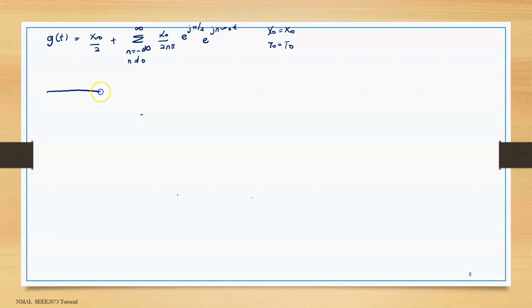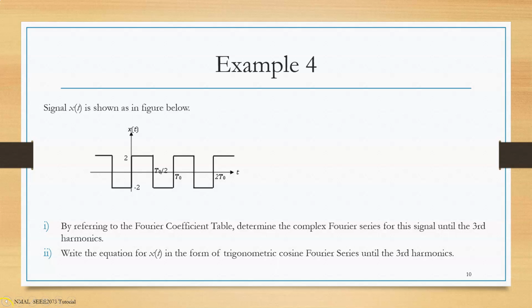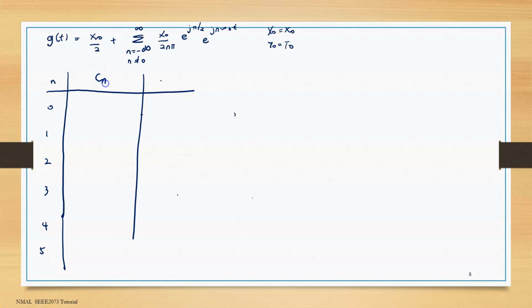And given the equation here, you can find the Fourier series coefficient up until n equal to 5. So 0, 1, 2, 3, 4, 5 for both positive and also negative part.